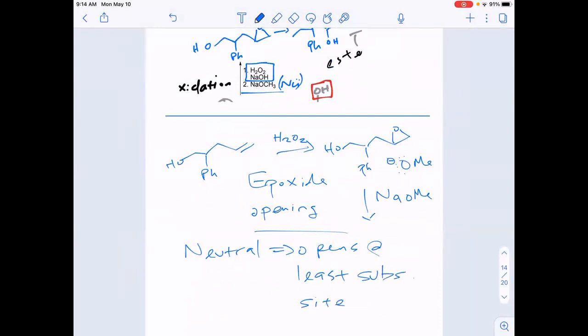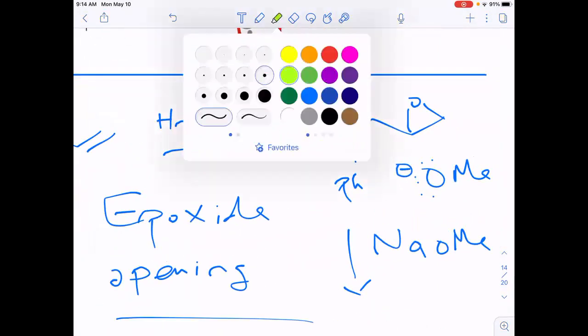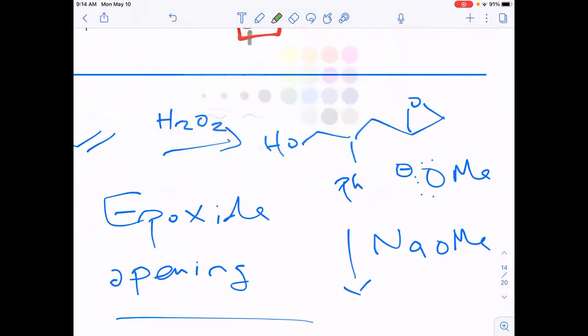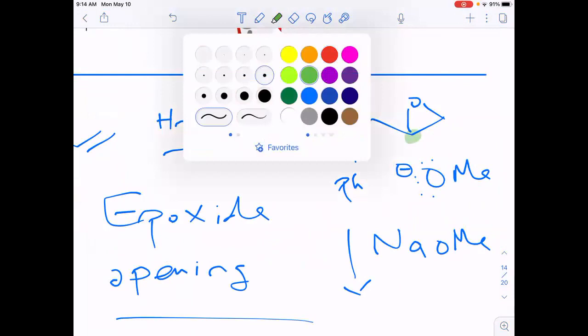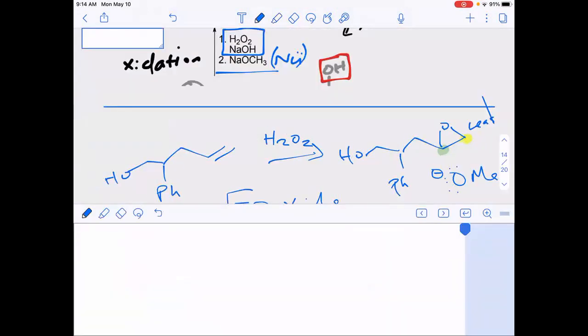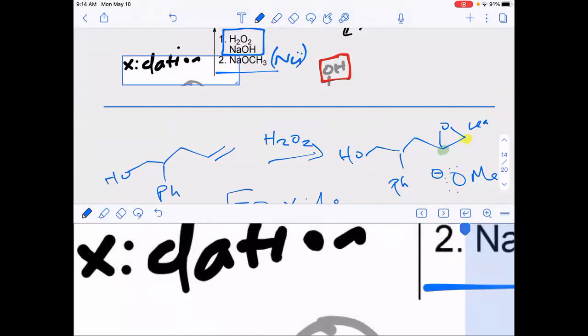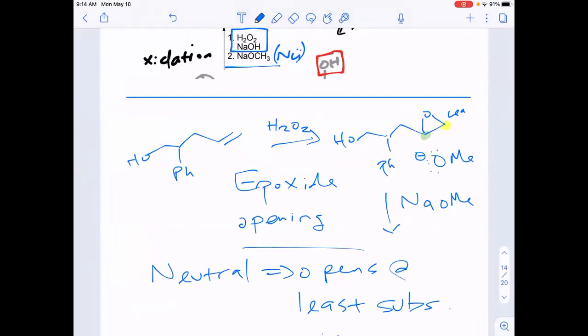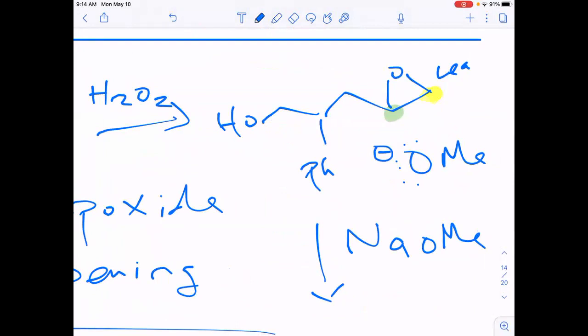You can look at the epoxide and see that you've got two places where you can open it, right? You can open it here, or you can open it here. This side right here would be considered the least substituted. Sorry about that. My palm hit the screen. So the methoxide is going to attack here and just pop that open like that.